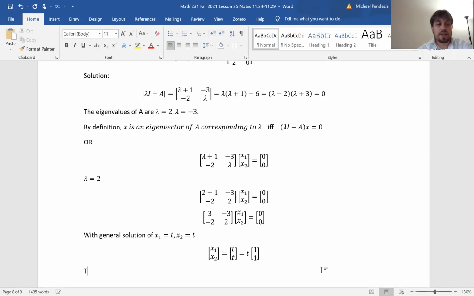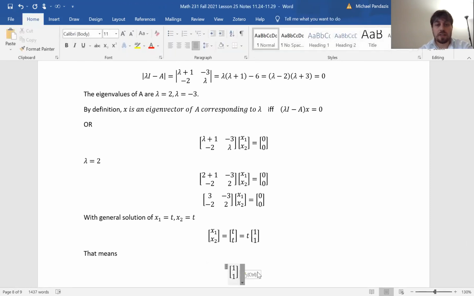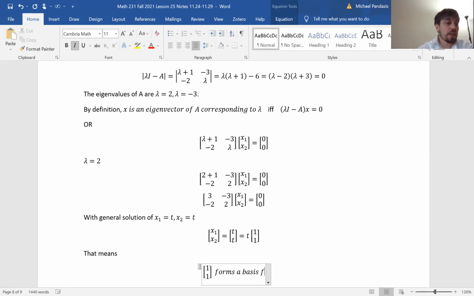And so that means that the vector 1, 1 forms the basis for the eigenspace corresponding to lambda equals 2.